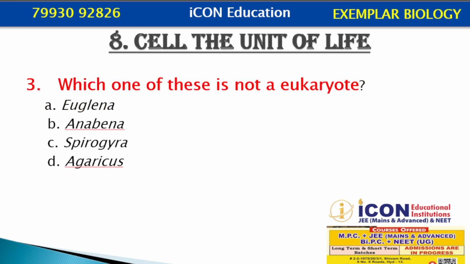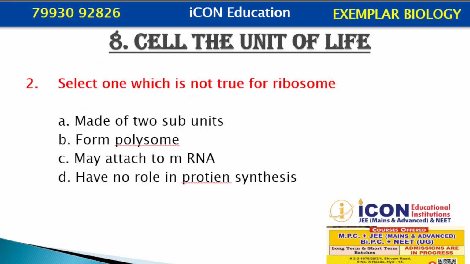Now let us move to question number 2. Select which one is not true for ribosome. Not true, an incorrect statement we have to select. We know that ribosomes are the factories for protein synthesis. Ribosomes are cellular sites for protein synthesis.